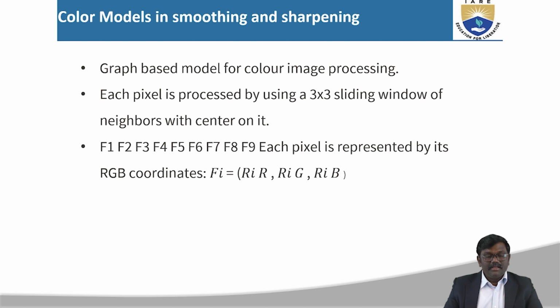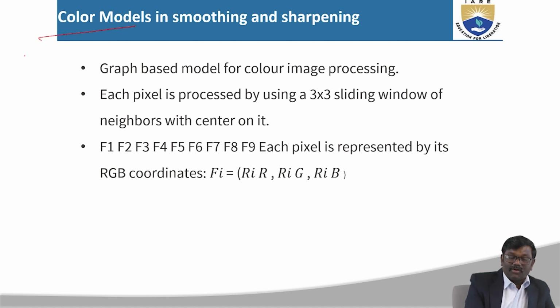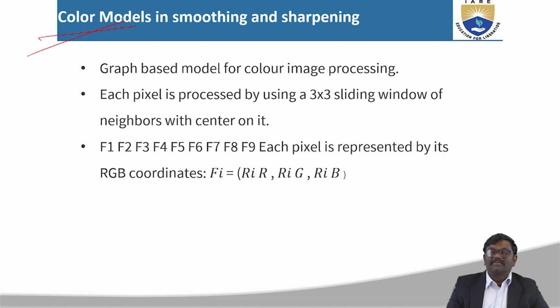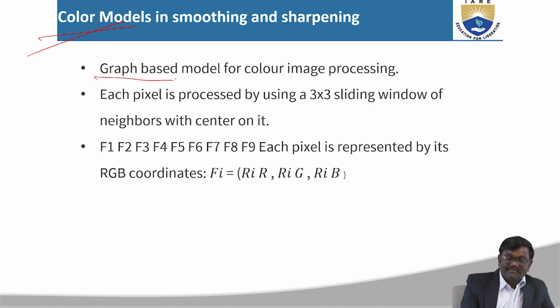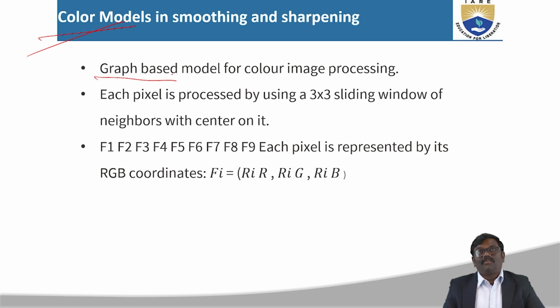Coming to the process, how graphically we can prepare mathematical models, we can understand the color models in smoothing and sharpening. As I said, graph theory helps us with a graph-based model for color image processing.